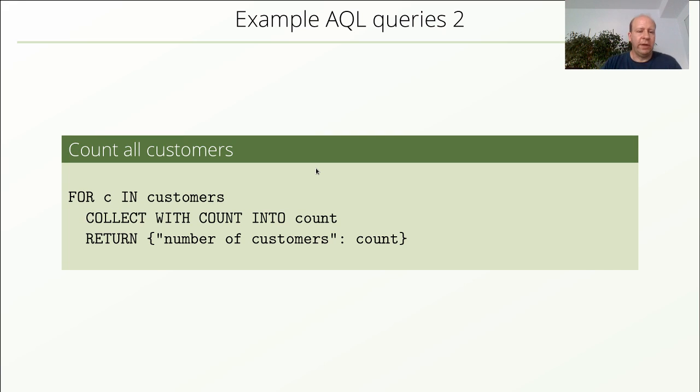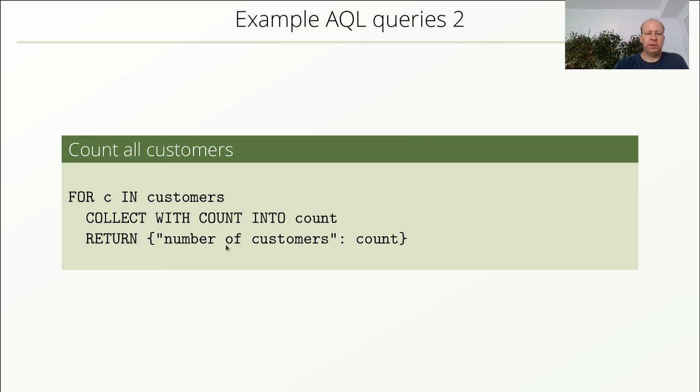This is an aggregation. If we wanted to just count how many customers we have, we would again just run through the customers collection, a complete table scan, and we just collect, that's the aggregation statement, the count of the number of customers into this variable, and then we can return.